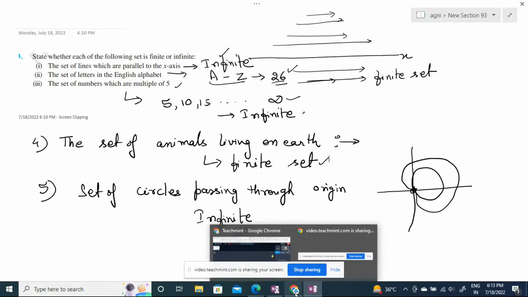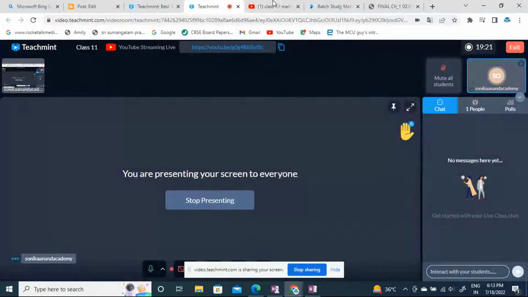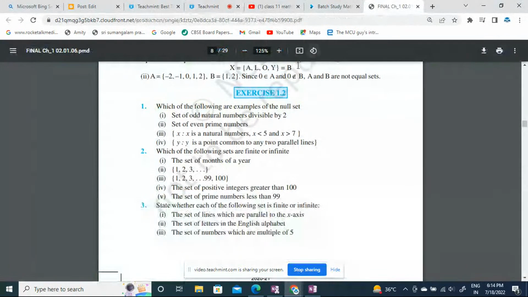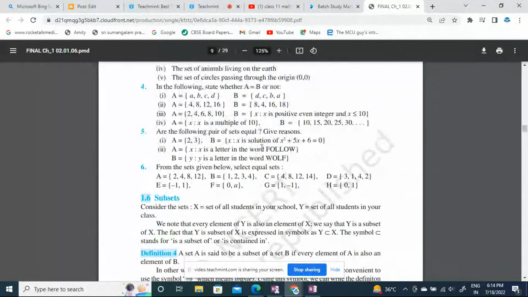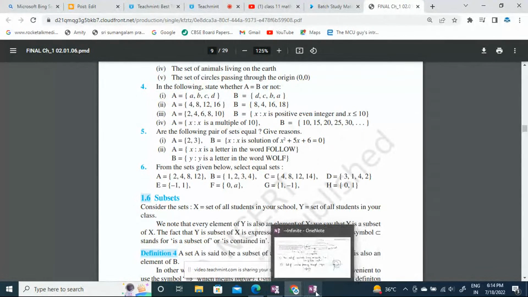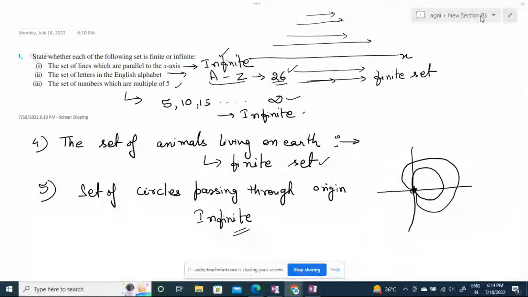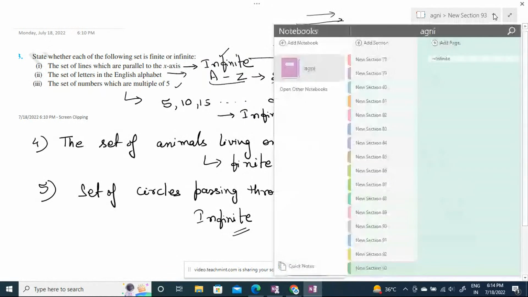So now, next question we have, question number 4. Whether they are equal or not. Now I am going to explain to you when the sets are equal and when the sets are not equal to each other.